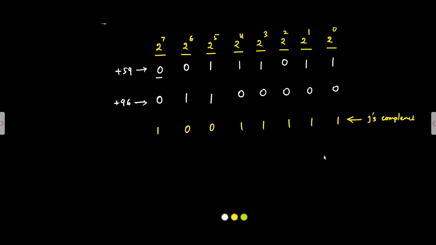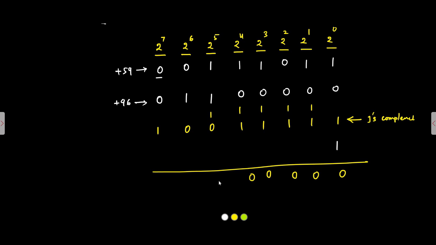Now when we add 1 to the LSB, we have 1 plus 1 is 0 with a carry of 1, and again 1 plus 1 is 0 with a carry of 1, and so on through the five low bits, and then 0 plus 1 is 1.